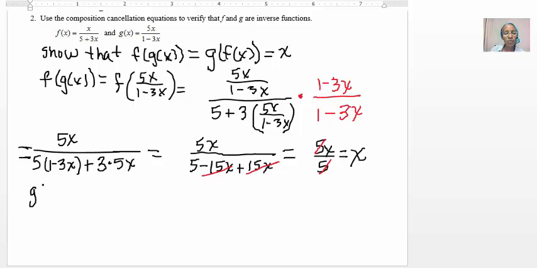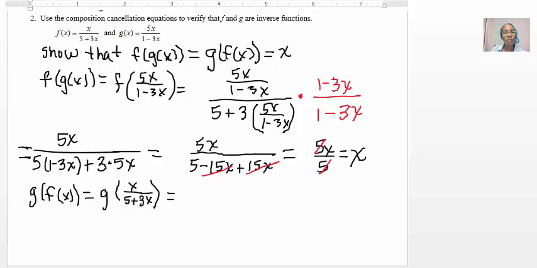Now let's see what happens when we do the composition g of f of x. So I'm going to take f and make that the input to g. I'm going to get a similar type of complex rational expression.